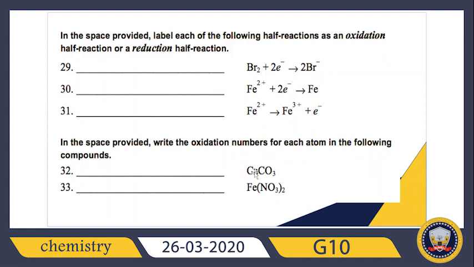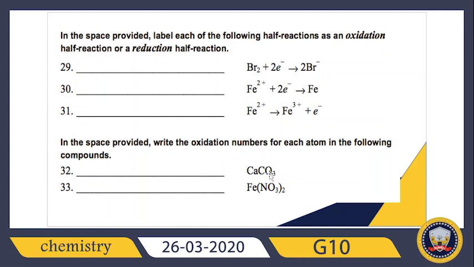Now, in the space provided, write the oxidation numbers for each atom in the following compounds. So, for Ca, you write, for C, you write, and for oxygen, you can write for each oxygen, it is -2. Now for carbon, how should you know? Come on, it's obvious. You can think. It's from calcium. Calcium, we know, is plus 2. Now the sum of the charge must be 0.